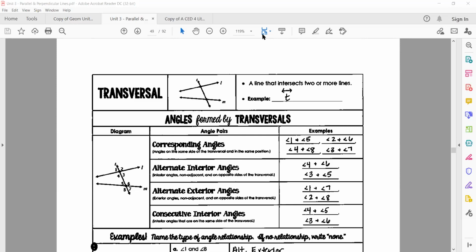It's going to allow you to solve for angle measurements. Think back to when we were talking about vertical angles, and I told you that if I knew one angle measurement, I could find all the rest. When we get into transversals and parallel lines, it'll seem very similar to that.